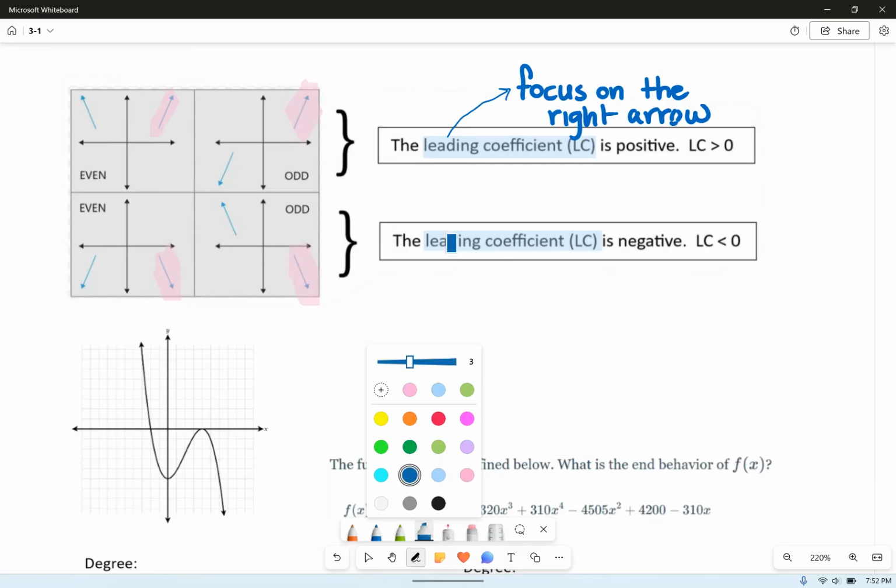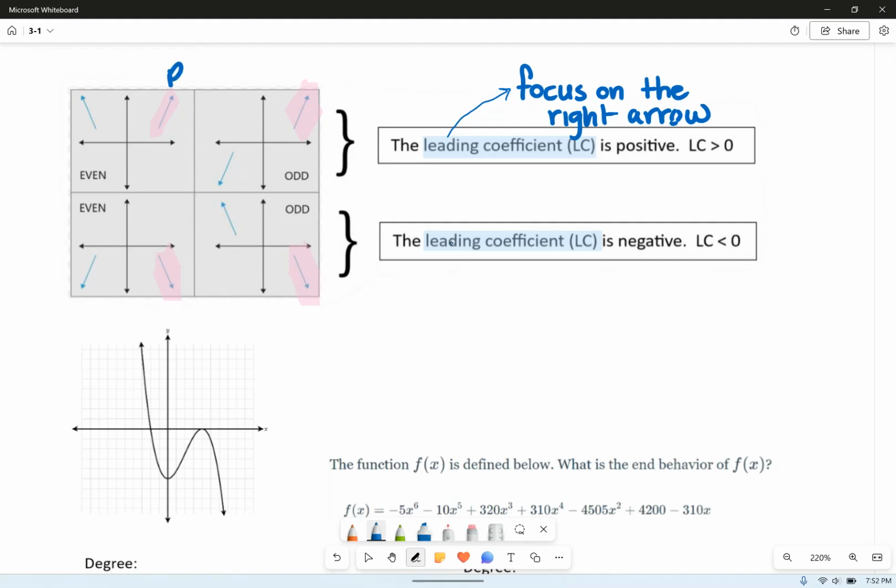So let's make an R here to make sure we are all on the same page. Right, right, and the right, and the right. So all of them, the pink is the right-handed arrow.